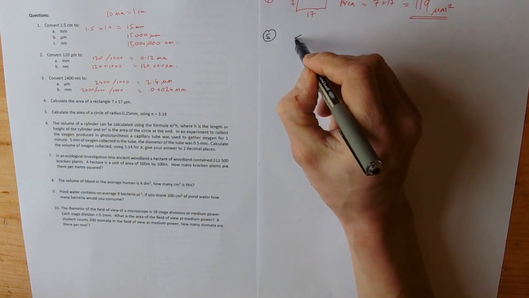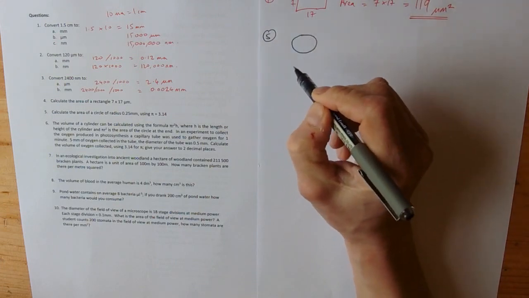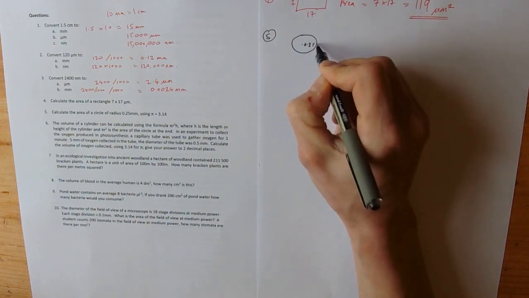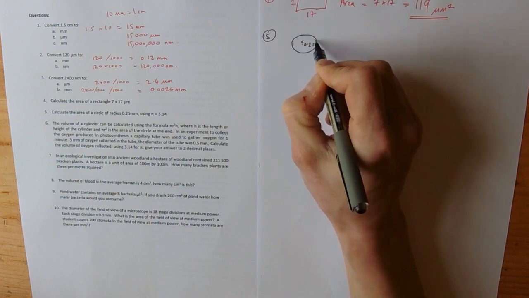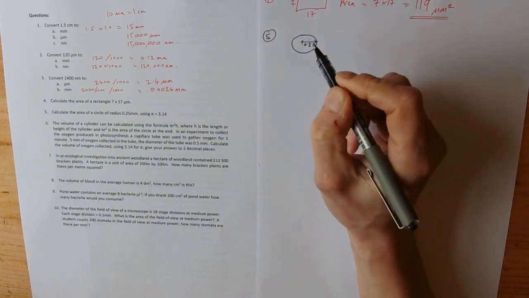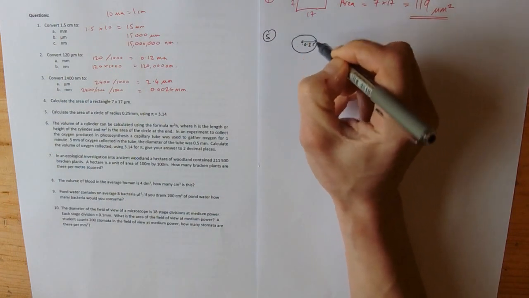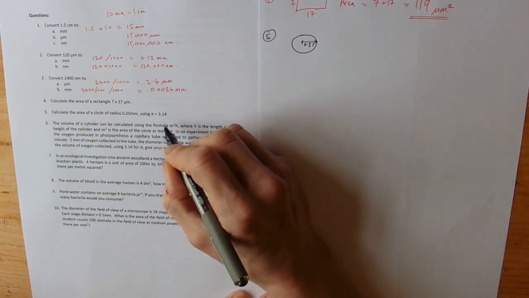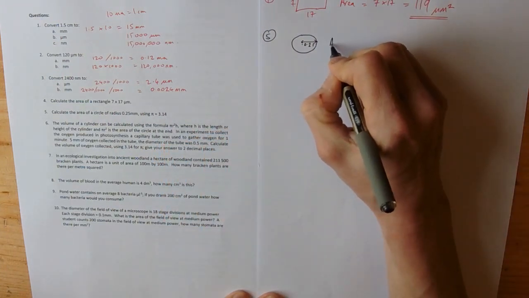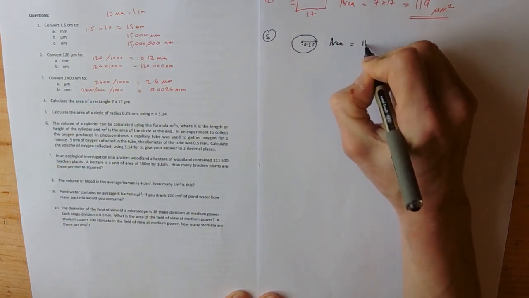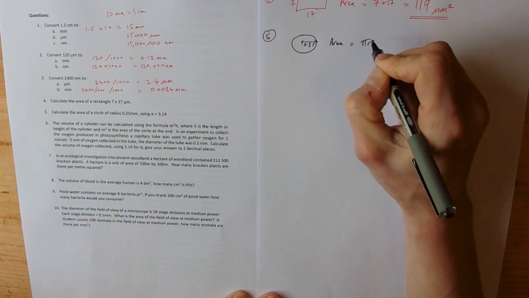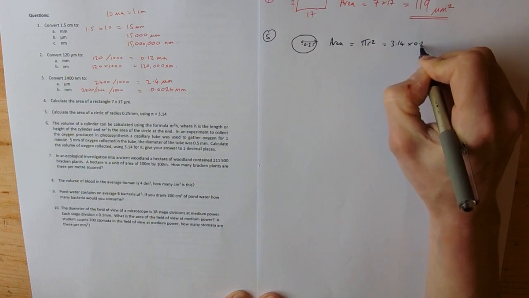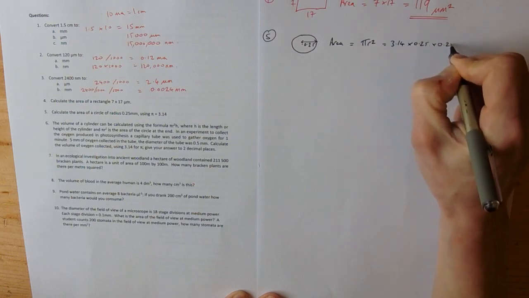Calculate the area of a circle, radius 0.25, so this distance there, 0.25. The diameter would be all the way across, the radius is halfway across. Using pi as 3.14, area equals pi r squared equals 3.14 times by 0.25 times by 0.25.